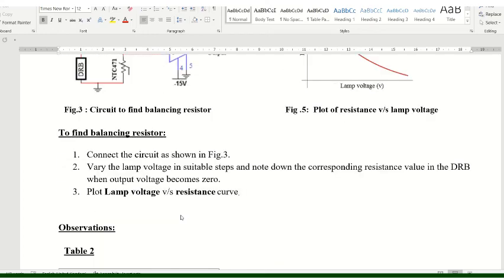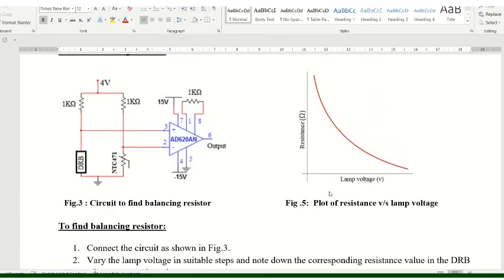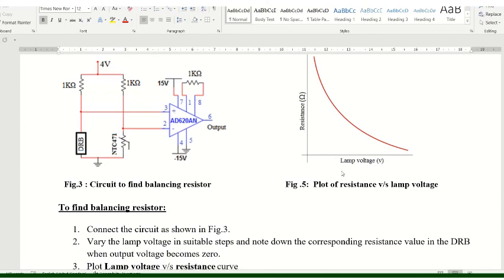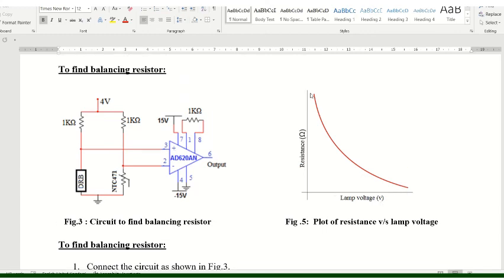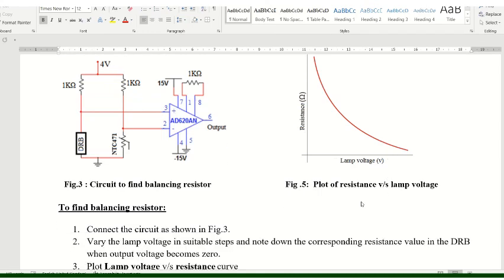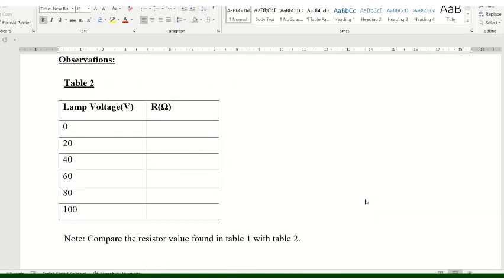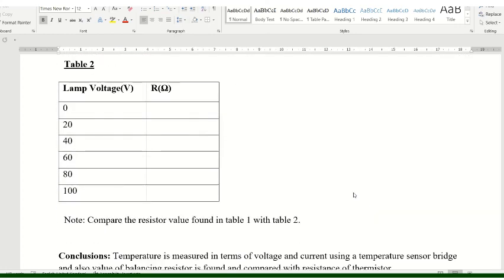Obviously it will be decreasing in nature. As the intensity of the lamp increases, which in turn means our temperature increases, the resistance decreases. Okay, so that is the conduction of the second part.